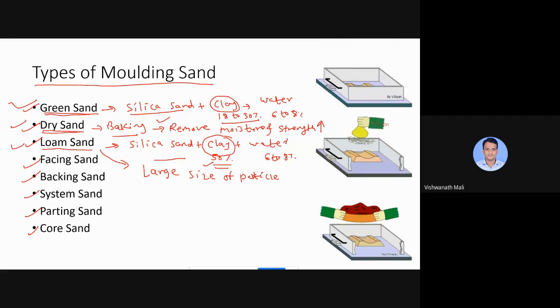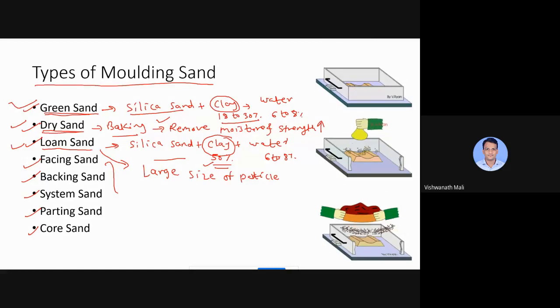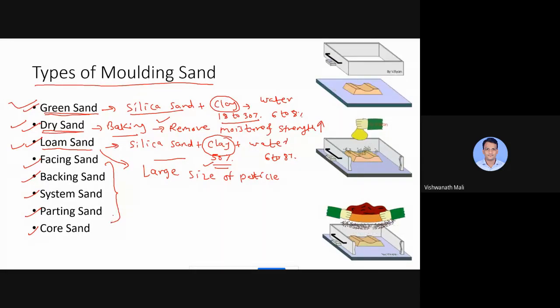And in loam sand, same thing, only the clay percentage is increased. Now the next sands are facing sand, system sand, and parting sand. So one by one we will see that.